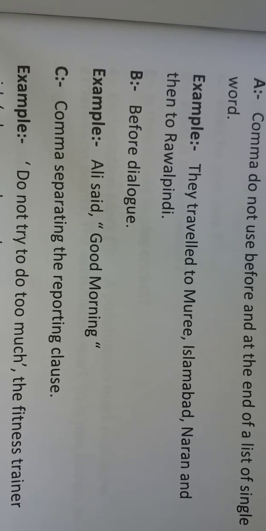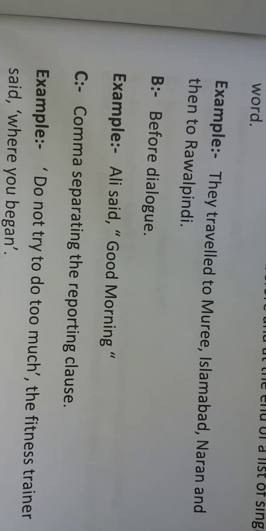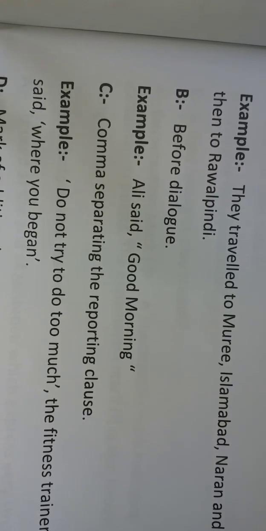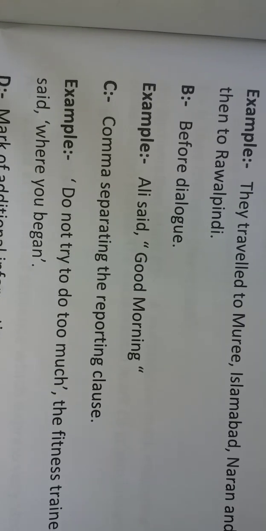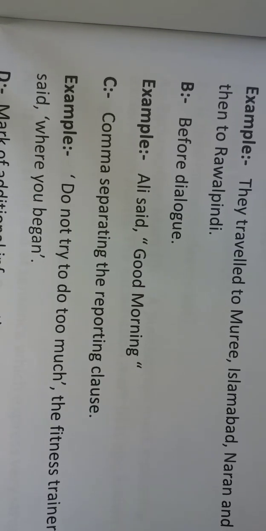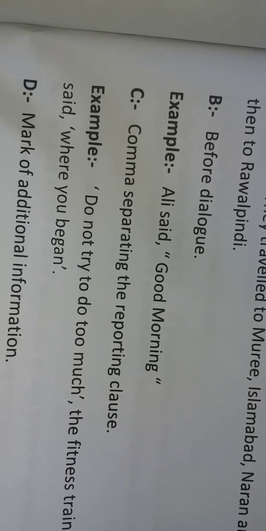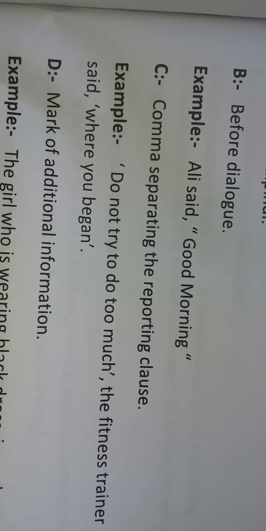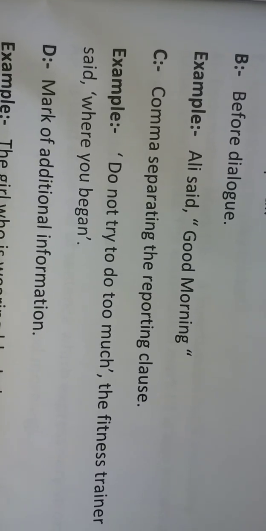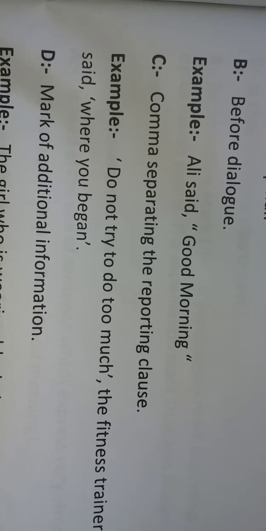The comma is used in the middle of the sentence but not at the end or the start. Before dialogue we use a comma. For example, Ali said, good morning. Third is the comma separating the reporting clause, which means the comma separates two different clauses.